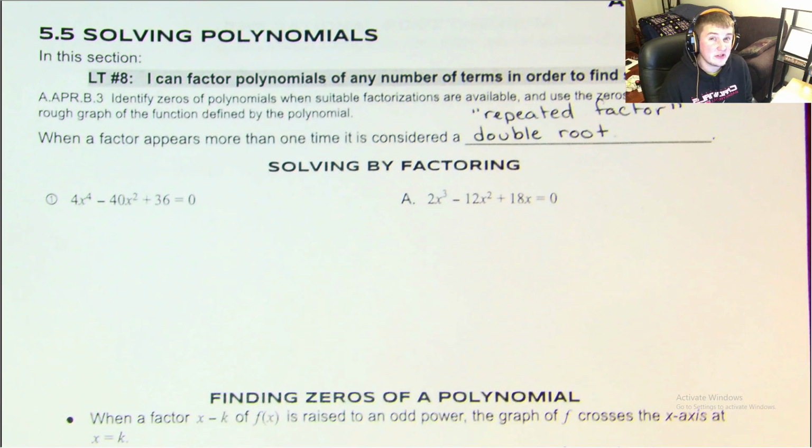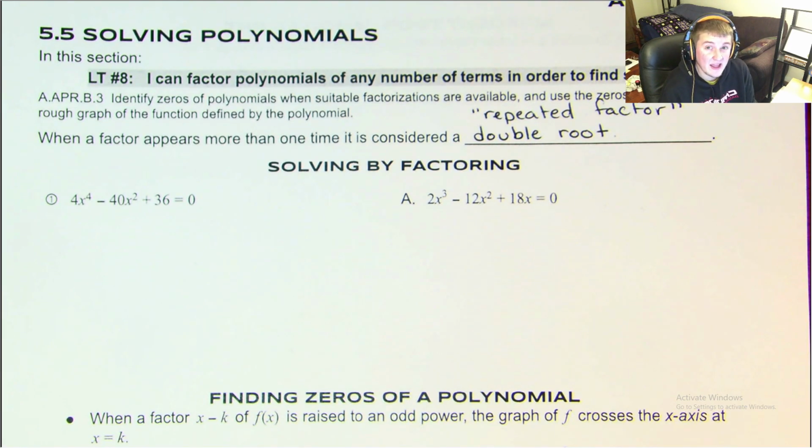It's just a factor that's been repeated itself. A lot of times you're only going to see it happen twice, so it's a double root, but it is possible to have triple roots, fourth time roots or whatever. Okay, so we're going to see that today, and so we're going to refer to those as repeated factors or double roots, etc. Okay, let's just start by solving by factoring.